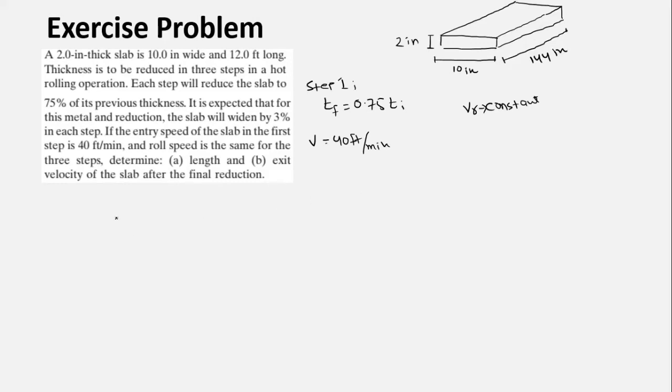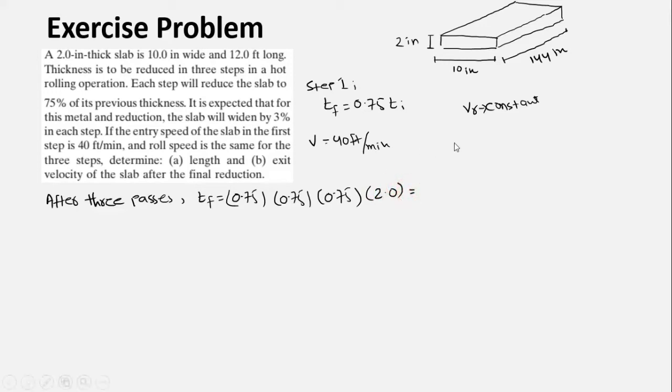So we can directly write, after 3 passes which we have to perform, the final thickness would be 0.75 for the first pass, 0.75 for the second pass, 0.75 for the third pass, into the thickness, that is 2 inches.